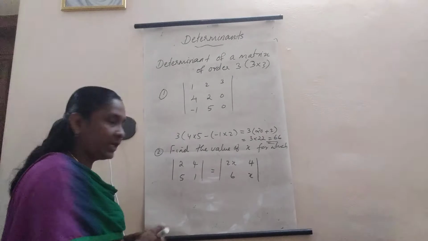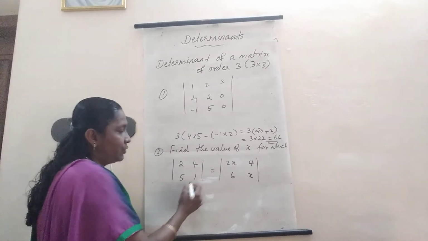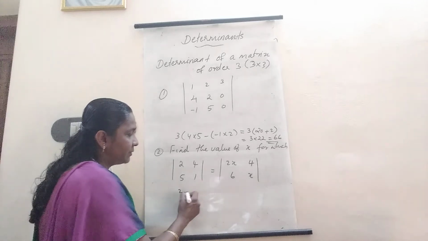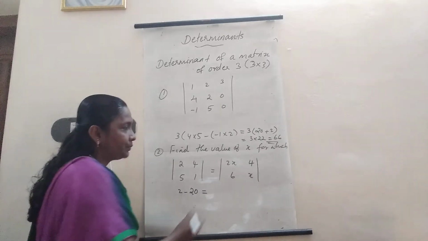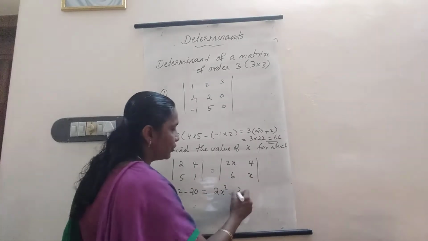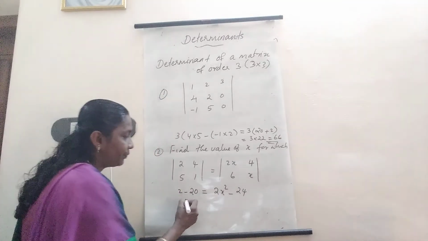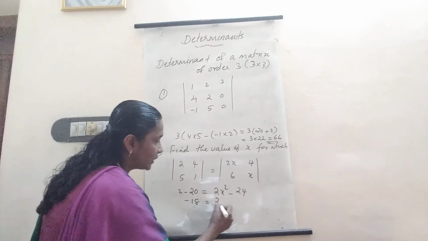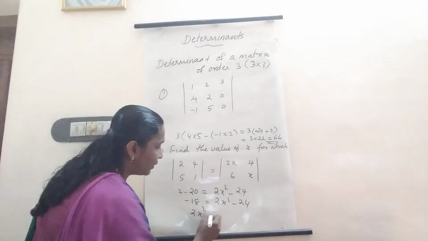Then how can we expand this? 2 times 1, 2, minus 20, equal to 2x into x, 2x square minus 24. Here 2 minus 20 is minus 18, equal to 2x square minus 24. So 2x square I am writing first.